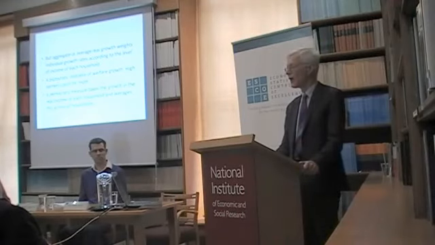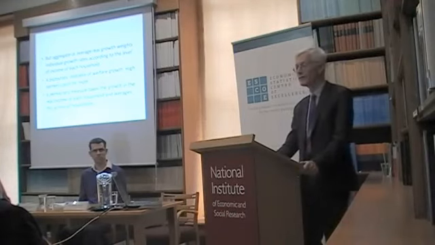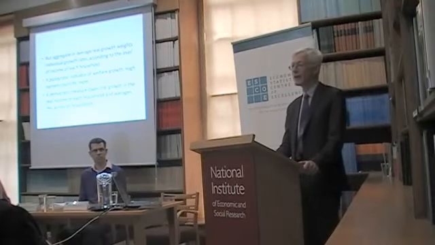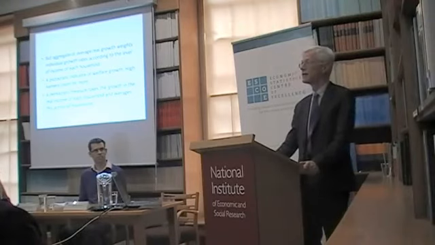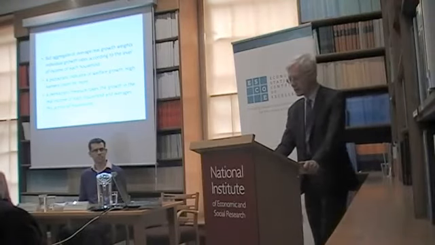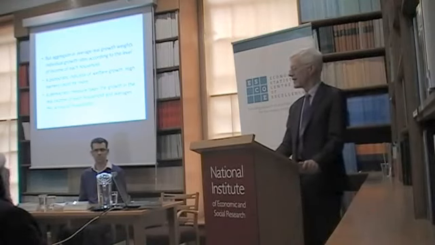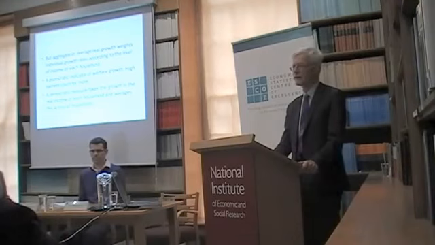So people who are high earners have more influence on the growth in the average than do people who are low earners. Put it another way, if a high earner's income goes up by 1%, it pulls up the average by more than if a low earner's income goes up by 1%. So you can reasonably say that that is a plutocratic measure of welfare growth. Essentially, the high earners count for more.